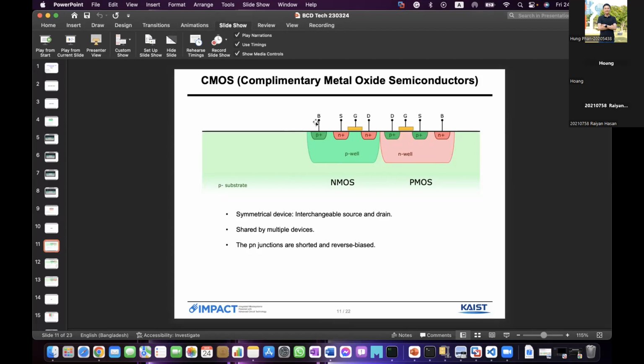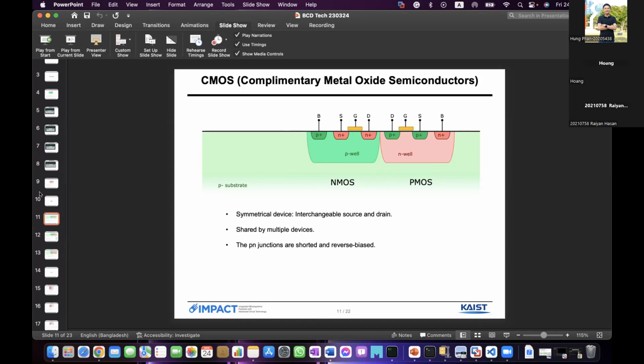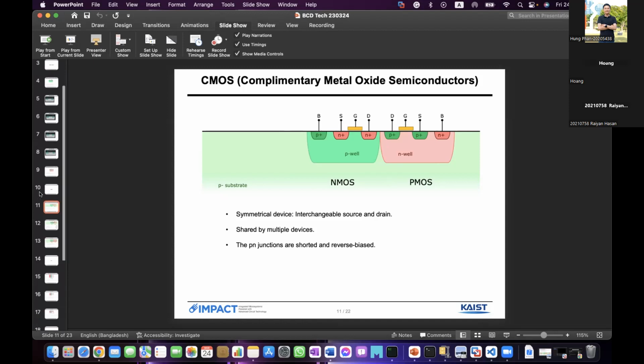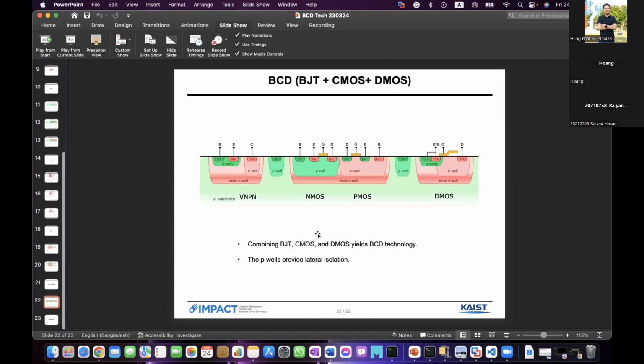Yeah, sure. Do you know the most important thing about the BCD process? What is the difference between the BCD process and the normal CMOS process? Because there are different mechanisms in the same place, you can take advantage of each of them.